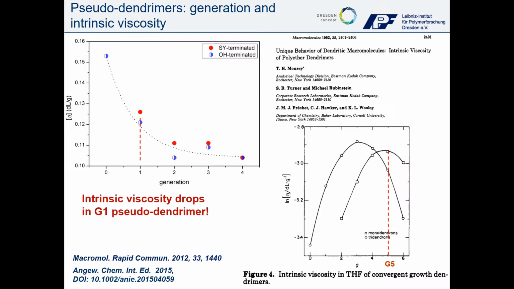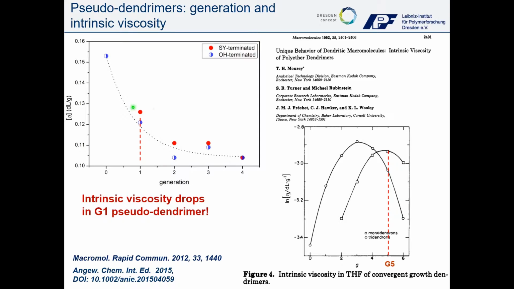Now, what is interesting to us about these pseudo-dendrimers is, of course, their conformation and their shape, depending on the generation number and the functionality. Interestingly, by coupling the separation method, defining the molar mass by light scattering, and the intrinsic viscosity, we can directly obtain the intrinsic viscosity of every single generation.